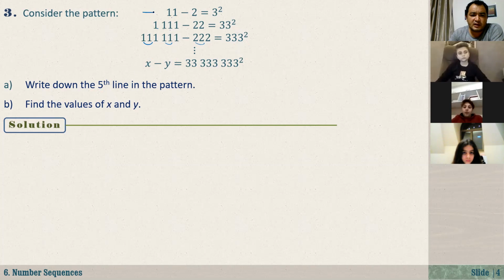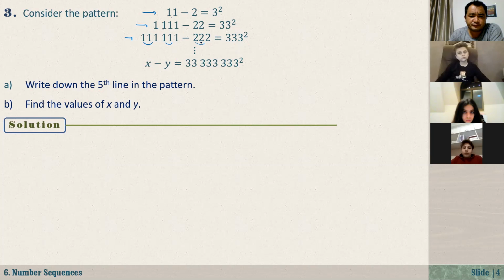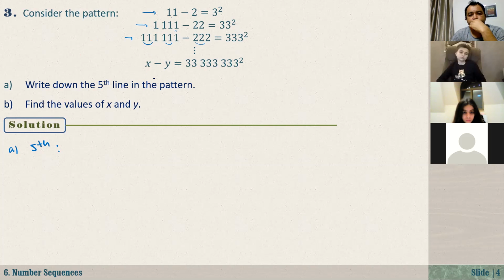In the first line, we have 2 ones. Second line, here we have 4. And the third line, we have 6. For the 5th line, how many ones do we have in the first number?